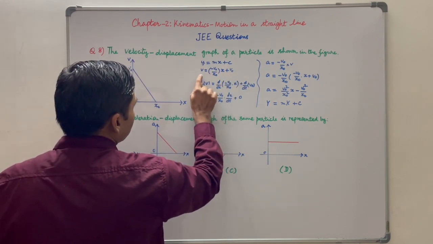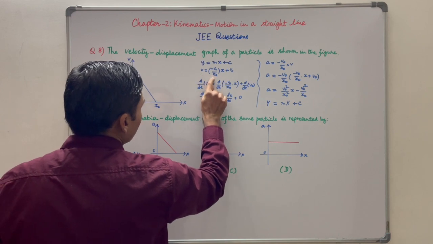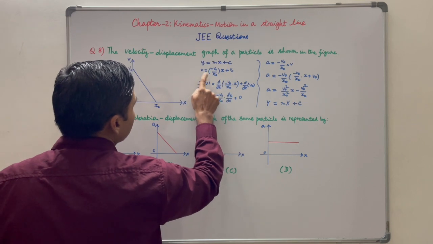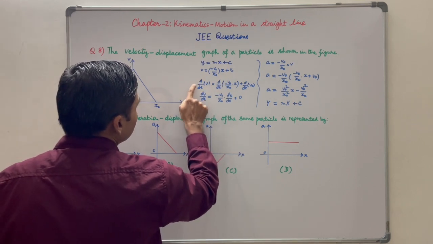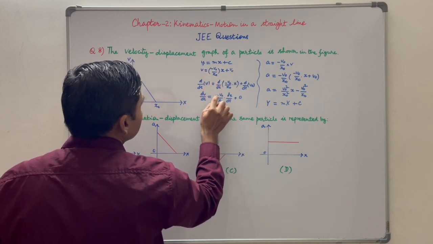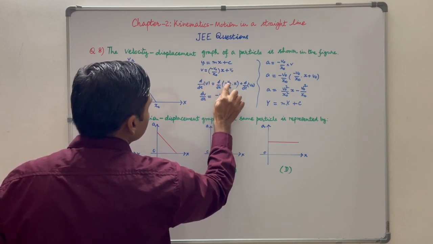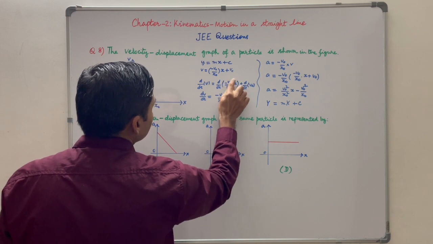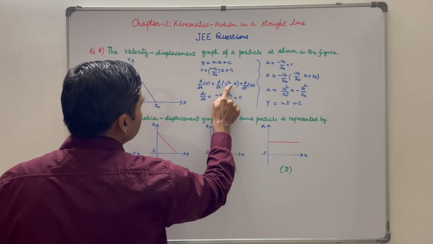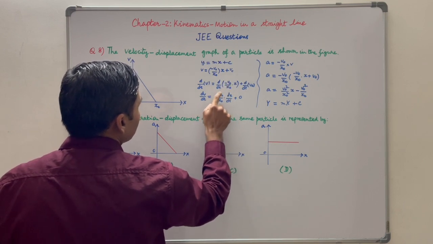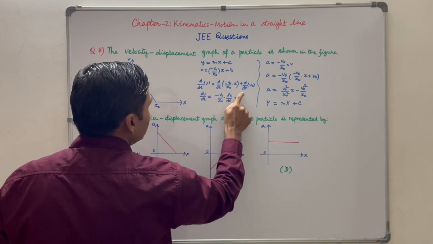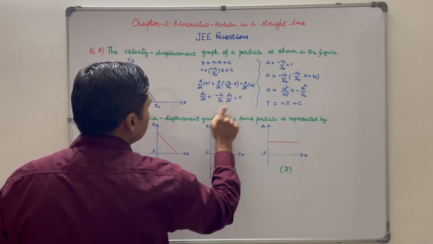So equation of line will be v is equal to minus v0 upon x0, x plus v0. Now differentiate both the sides with respect to time. So d by dt of v is equal to d by dt of this whole stuff. That will be d by dt of minus v0 upon x0 x plus d by dt of v0. dv by dt is equal to, this is constant, so it will be taken out, minus v0 upon x0 dx upon dt plus d by dt of constant will be 0.